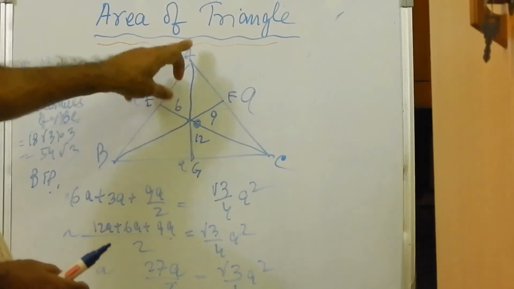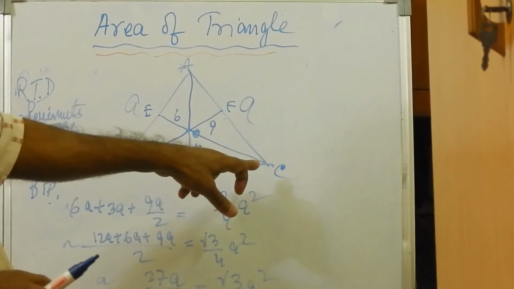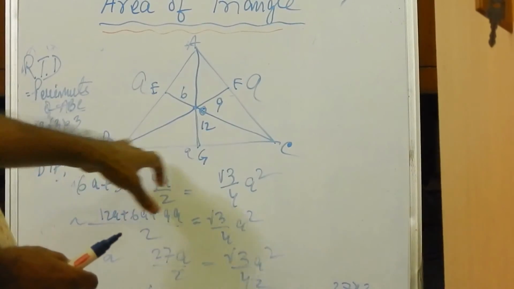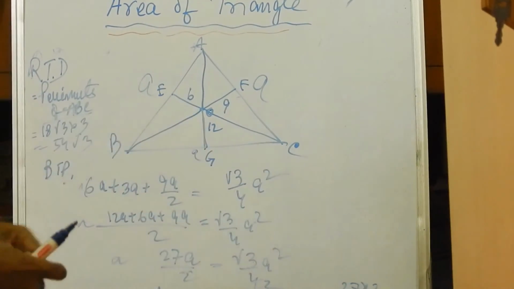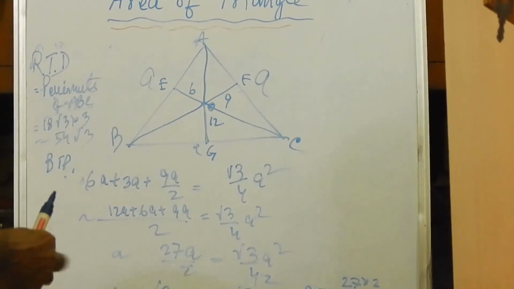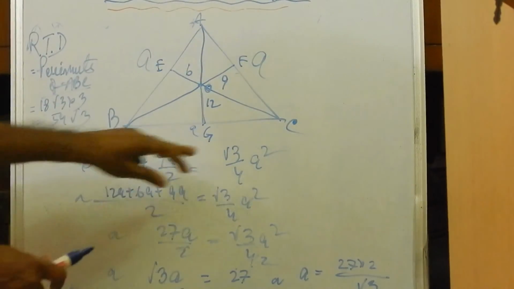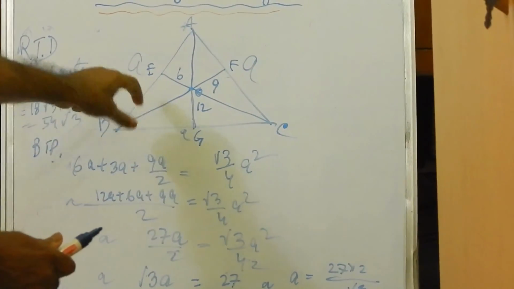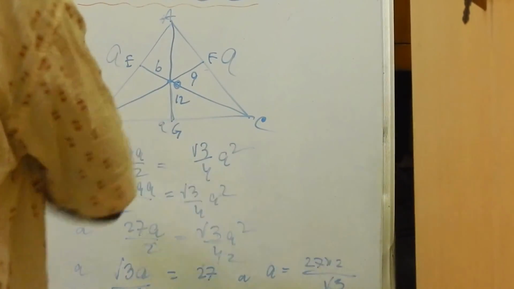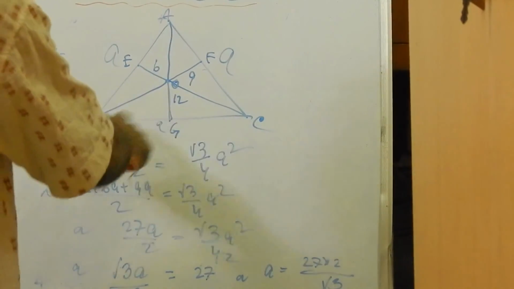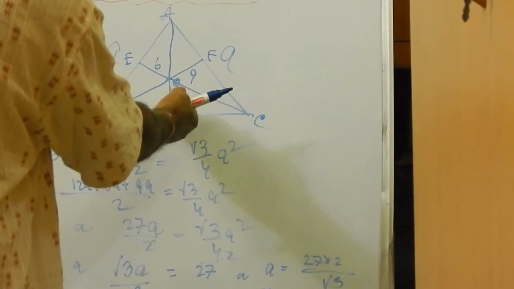What we did was to join AO, OB, OC, because we want to get some triangles with base and height so that we can easily derive the areas. Now the whole triangle's area was the basic formula √3 by 4 a square. A was unknown to us, and for these little triangles, for BOC, we applied half into base into height.